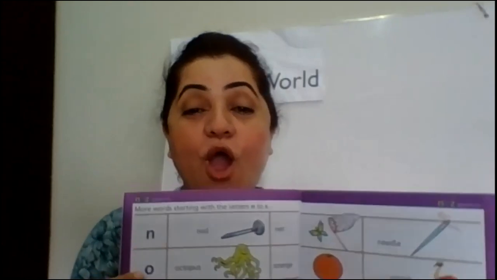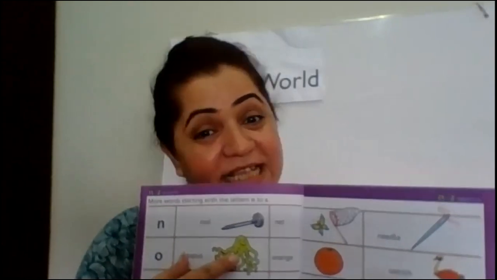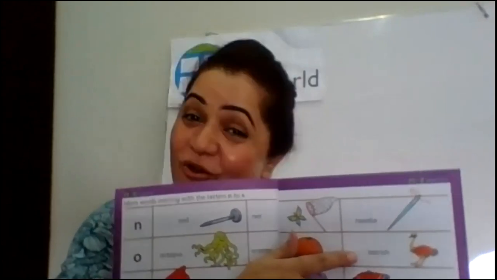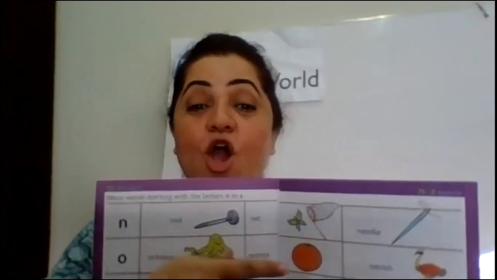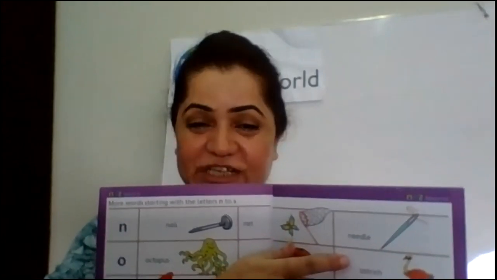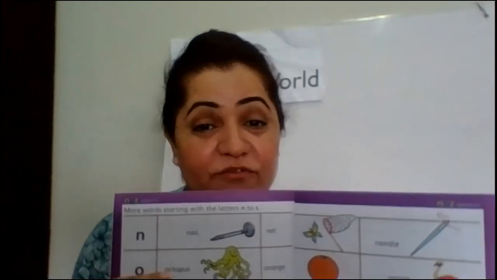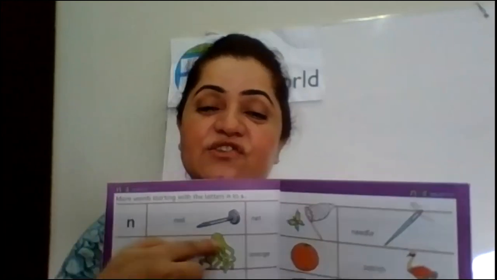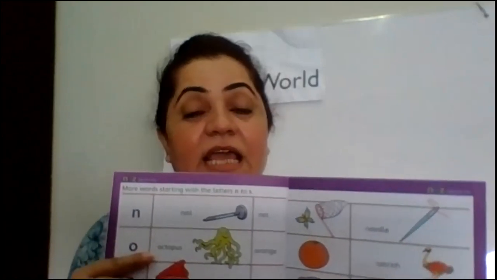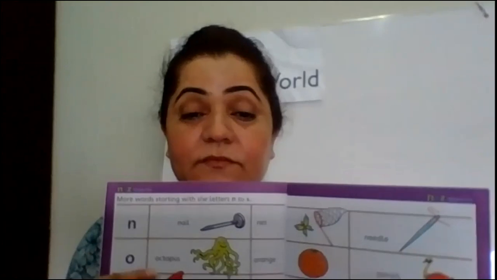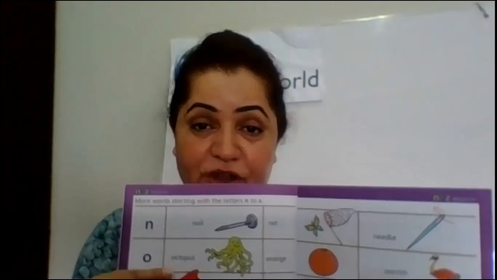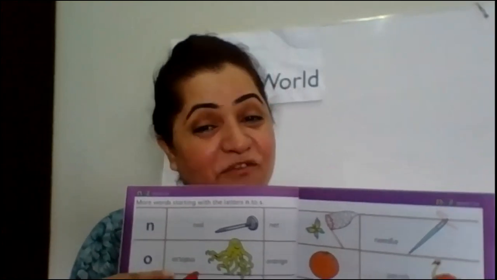Then O. Remember we did octopus, orange, and ostrich as well. Yay! Do you remember all of them? That's great. So O has a lot of vocabulary. We're just revising a couple of the things which are in the textbook on this page, but you can find a lot of things around you and make a list of them, right?